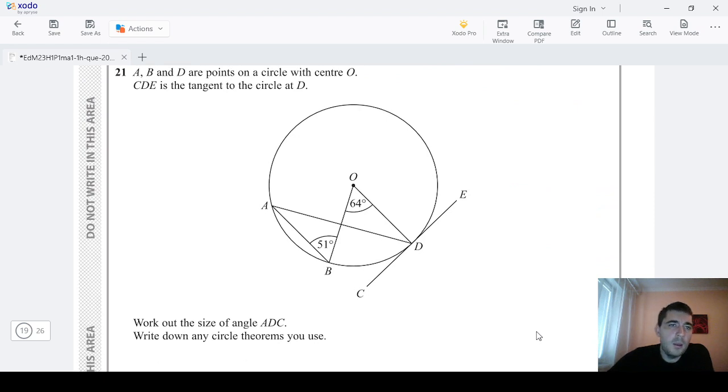So A, B, C are the points on the circle with center O. C, D is a tangent. Work out the size of angle ADC. So when we label angles, we start with A, then move to D, then move to C. So we're going to have to work out the value of this angle. Okay, so let's check where we can start.